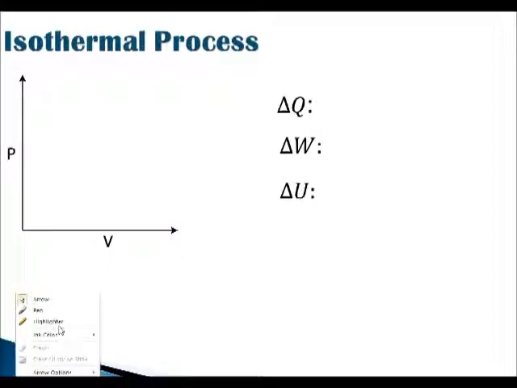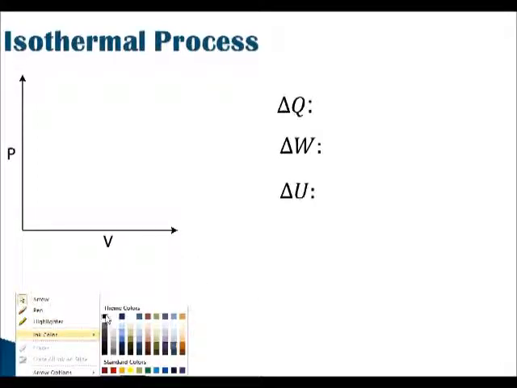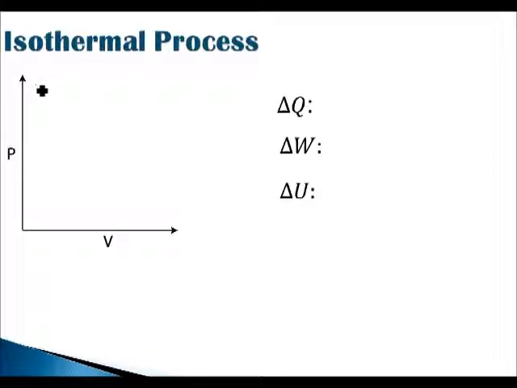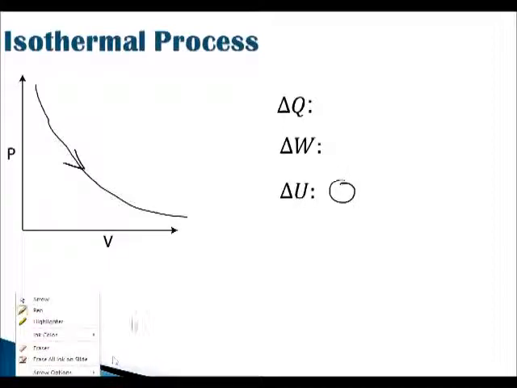In an isothermal process, as a reminder, the temperature remains constant. Okay, and so let's look at a situation like this. We know the temperature remains constant. And because the temperature remains constant, the internal energy will also remain constant.